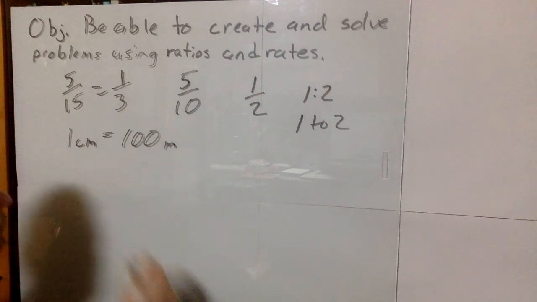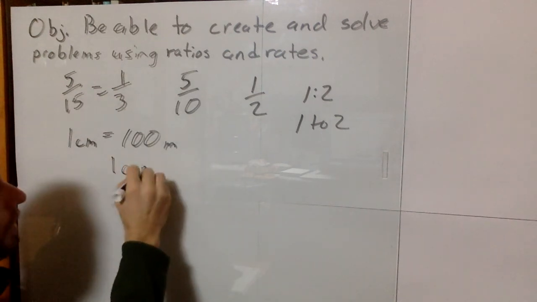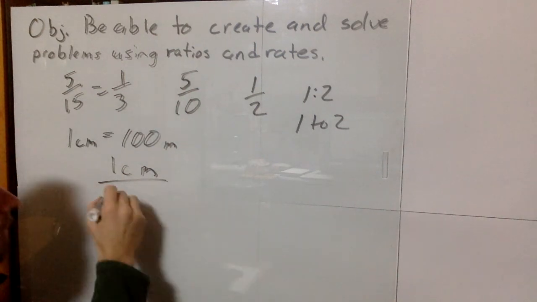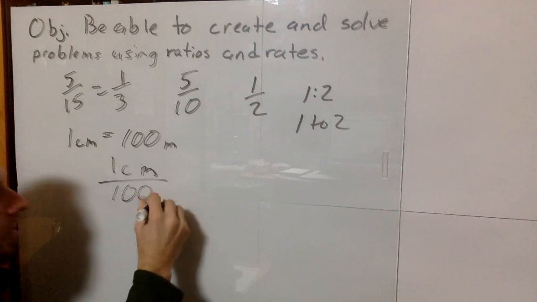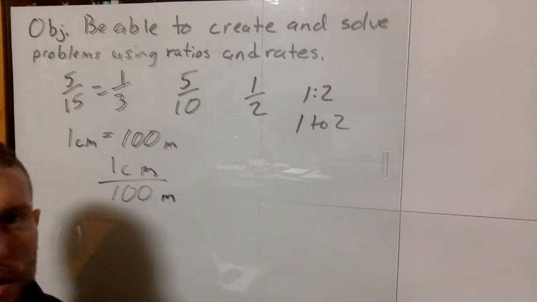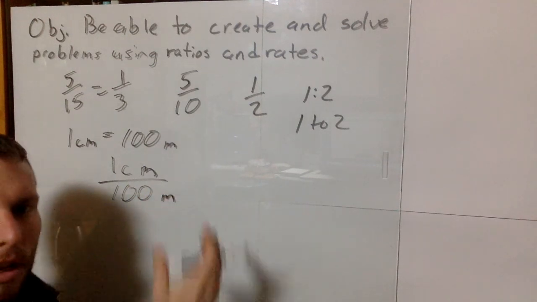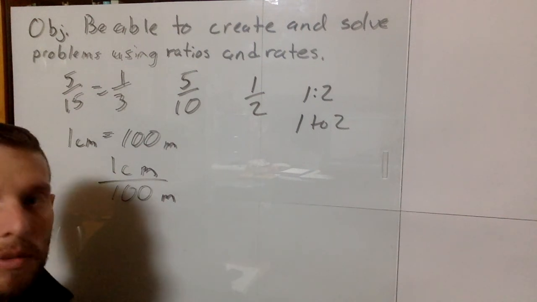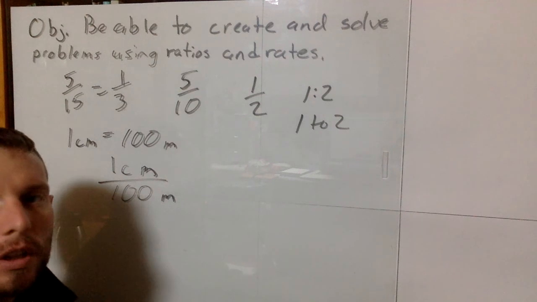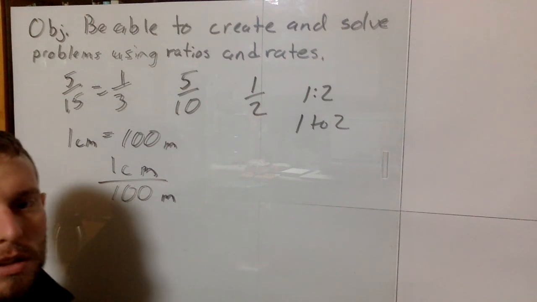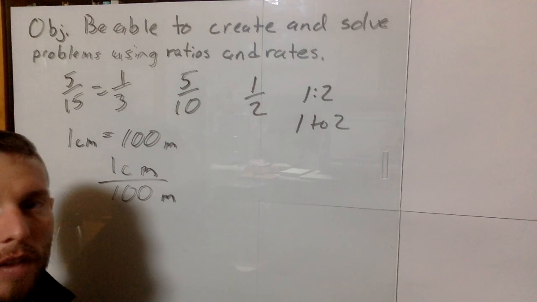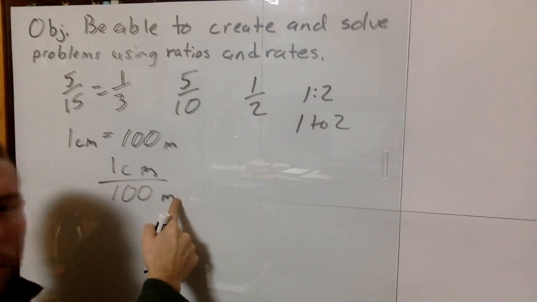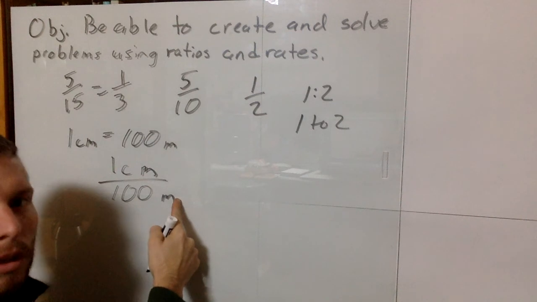So if we take 1 centimeter and put this as a ratio in the form of a fraction over 100 meters, even though it does look like they're different units, they're in the same unit system. So we could very easily change this so they are both the exact same unit. We do that because we know there are 100 centimeters in 1 meter.